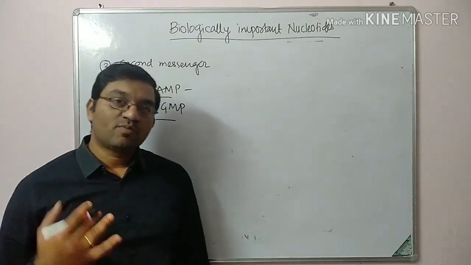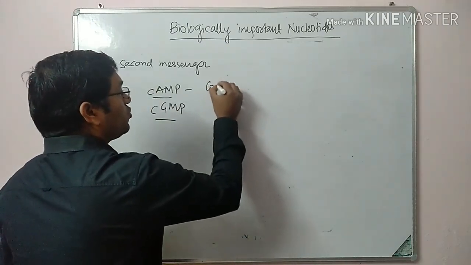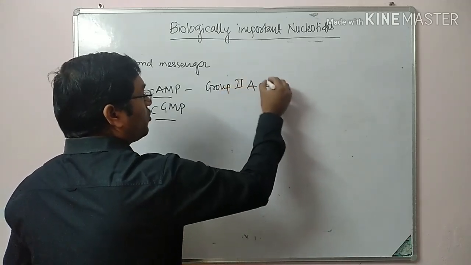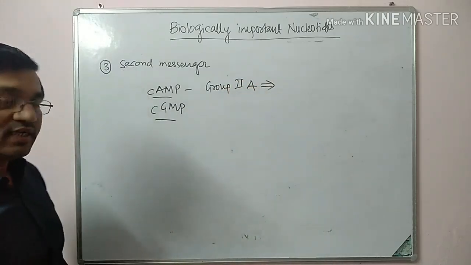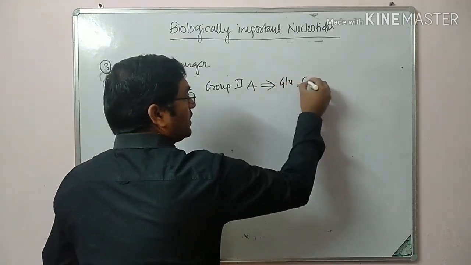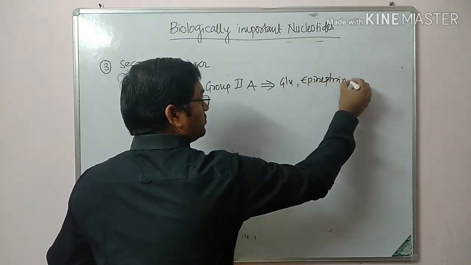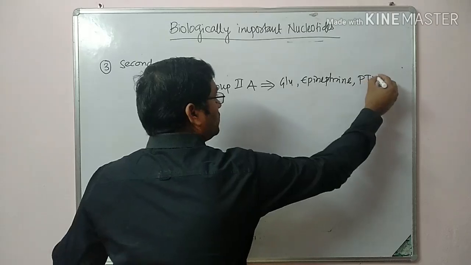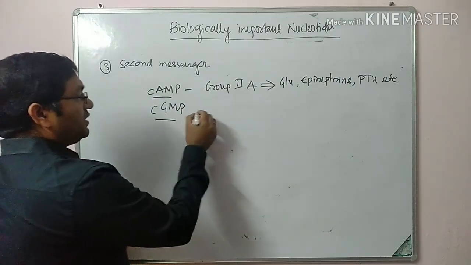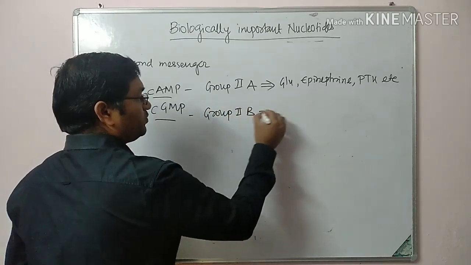In the classification of hormones on the basis of mechanism of action, it belongs to group 2A. It is an important second messenger for hormones like glucagon, epinephrine, parathyroid hormone, etc. Then cyclic GMP belongs to group 2B.